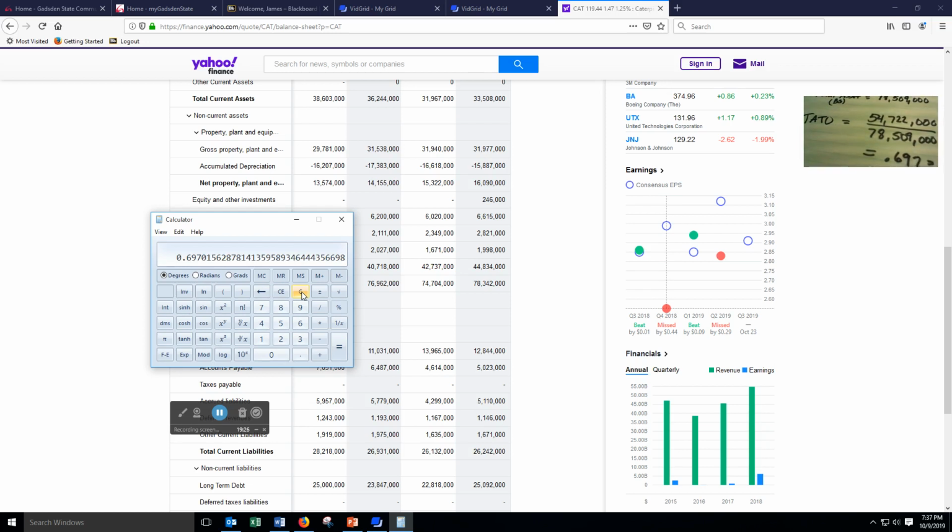So we'll just call that almost 70 cents. What this number means is that Caterpillar is able to generate about 69.7 cents, or almost 70 cents in sales for every dollar in assets that they have.